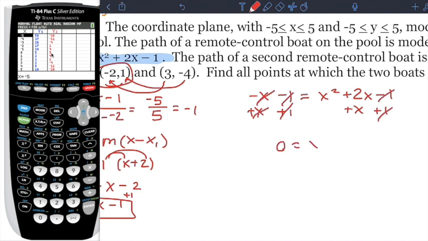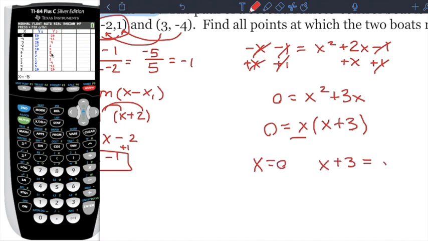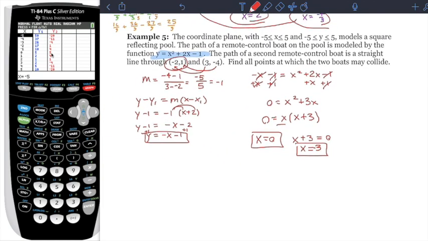That gets us 0 equals x squared plus 3x. Now, from here, we will factor out x, write this as x times x plus 3, and then split your factors apart and say x equals 0 and x plus 3 equals 0. And then subtract over, x equals -3 as one of your answers. And then x equals 0.